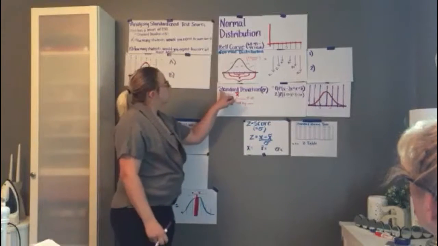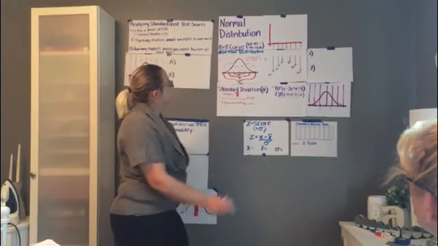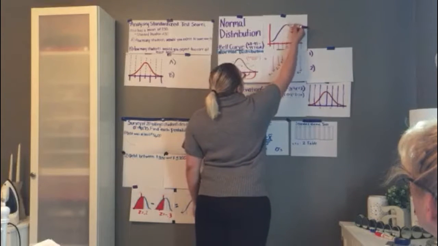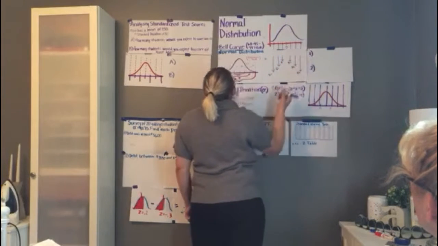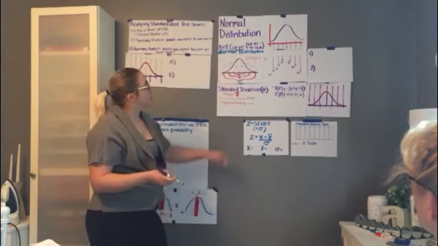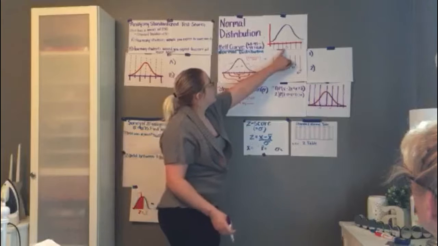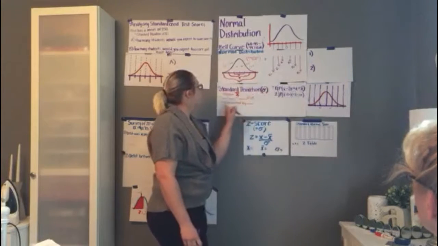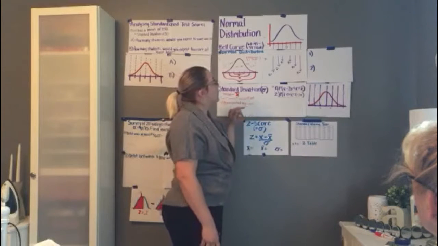So, with this, we're going to create our own up here and talk about the standard deviation. So, the mean is always represented by 0, and this is when the mean is equal to the median and the mode.